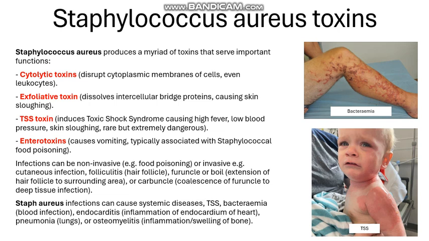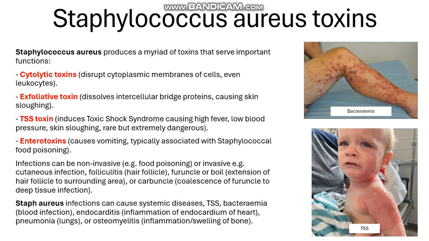But it's rare, so you won't see it too often. Staph aureus also produce enterotoxins, which cause vomiting, typically associated with staphylococcal food poisoning from ingesting food contaminated with Staph aureus.